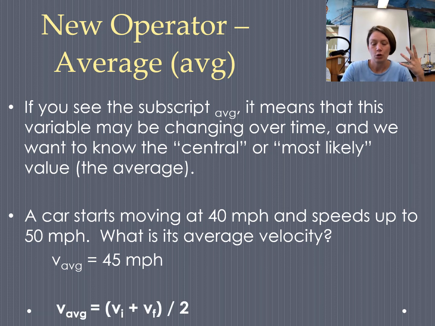There is also an equation for calculating average that you probably learned in an earlier math class. You can always calculate the average of two numbers by adding them together and dividing by 2. So in this case, it would be 40 plus 50, which is 90, divided by 2, which gives you 45. So you can either think about just finding the number right in the middle, or you can think about adding together the two numbers and dividing by 2 to get the average.